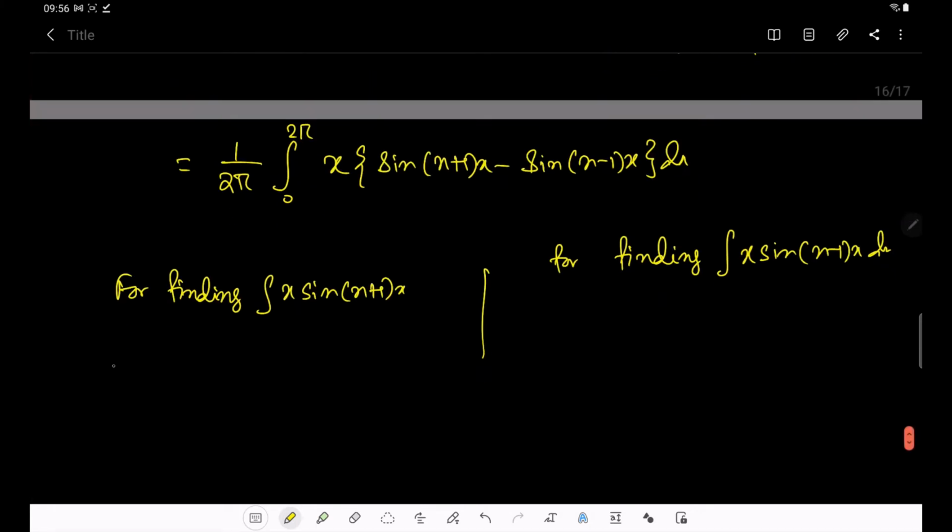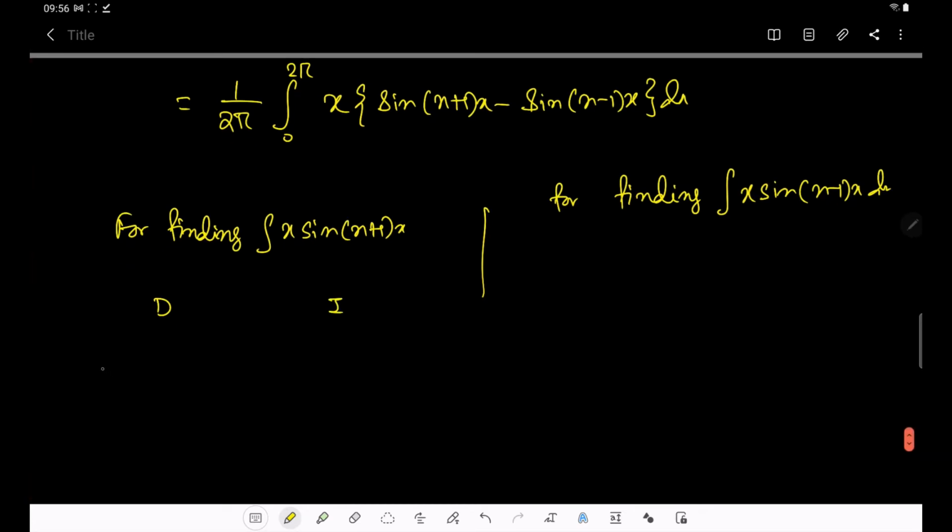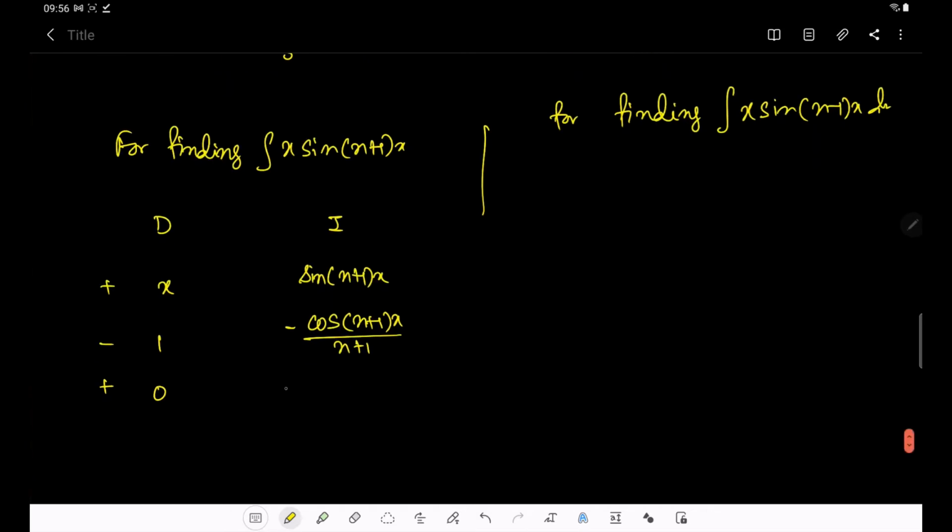So again write D and I, with signs plus, minus, plus: x, then 1, then 0, and our sine function. The first integration will produce minus cos((n+1)x)/(n+1), and the second integration will produce sin((n+1)x)/(n+1) whole square.